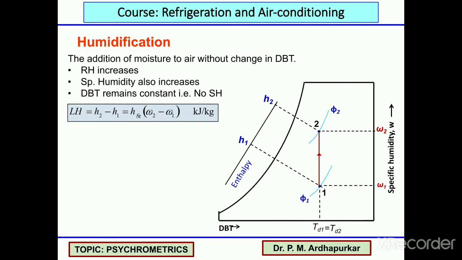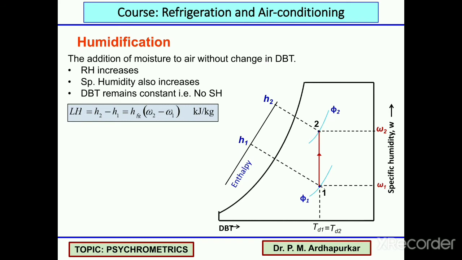So, earlier we have seen that when there is a sensible heating or sensible cooling process, which is constant specific humidity process, and here when there is a humidification, it is a constant temperature process, and therefore sensible heat is not getting changed. There is no sensible heat interaction.